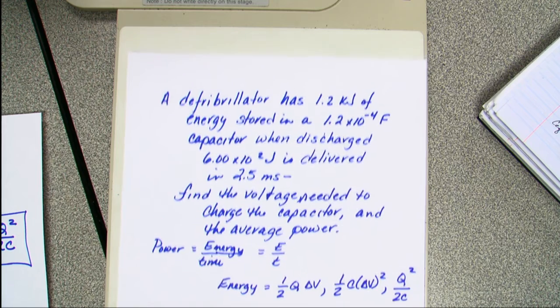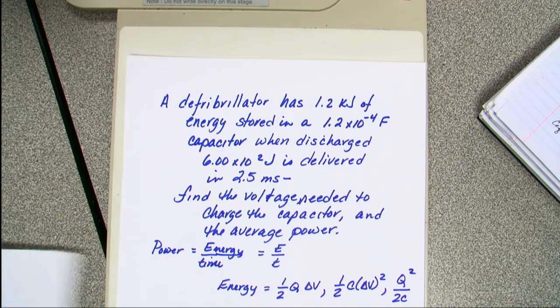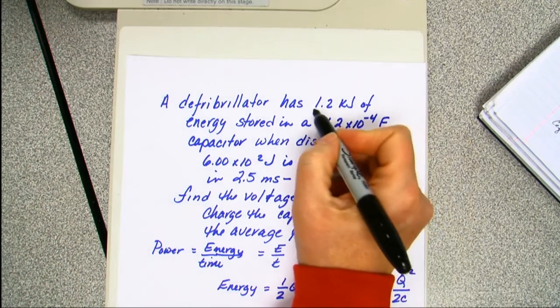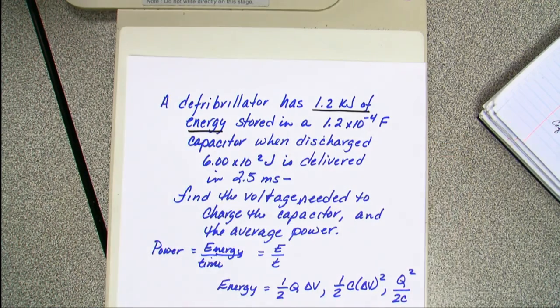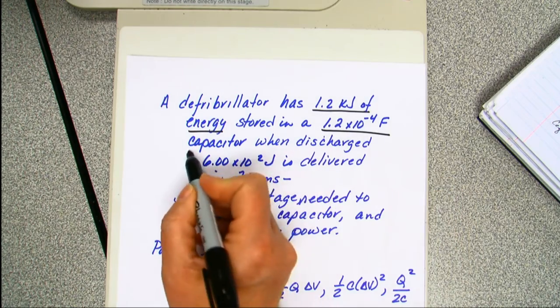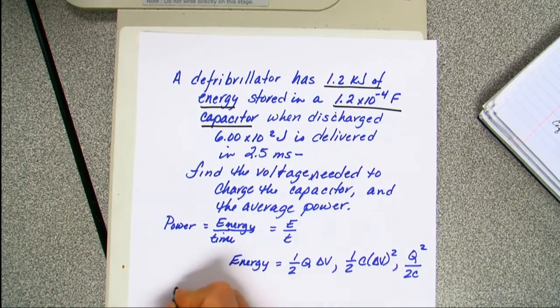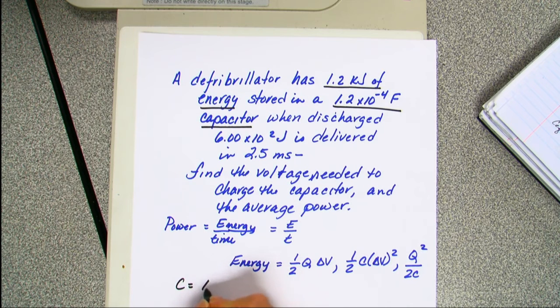Alright. Well, in the problem, so let's take the black marker. In the problem, let's look at what I've got. It tells me I have some energy. It tells me I have that kind of a capacitor, so all of a sudden I can write down C is equal to 1 times 10 to the minus 4 farads. And we want the voltage needed.